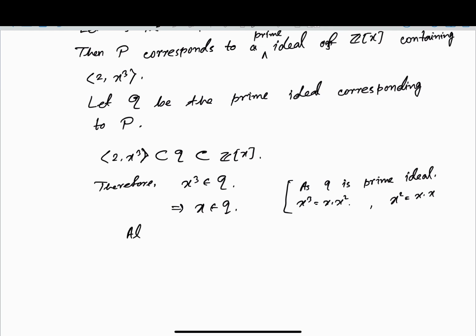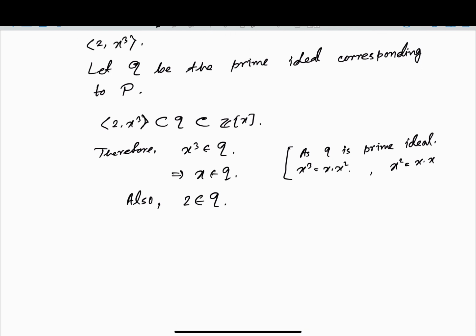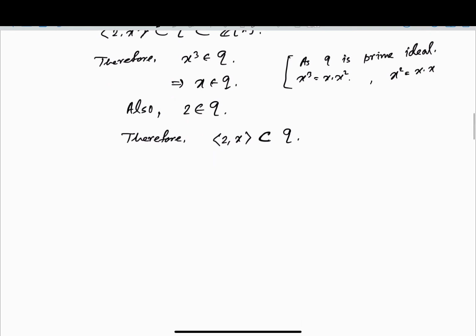And also 2 belongs to Q, right? So therefore the ideal generated by 2 and x is contained in Q, right? Now we will show that the ideal generated by 2 and x is a maximal ideal in Z[x].